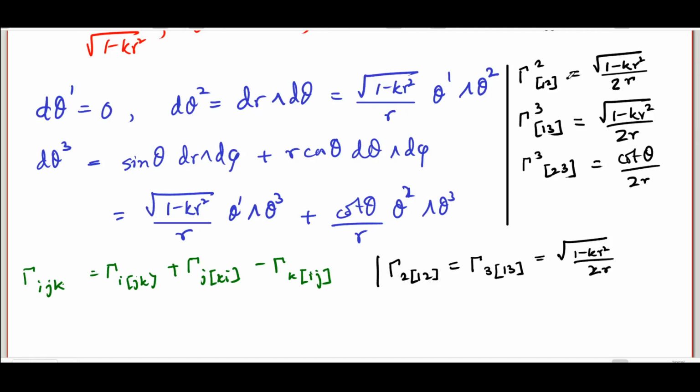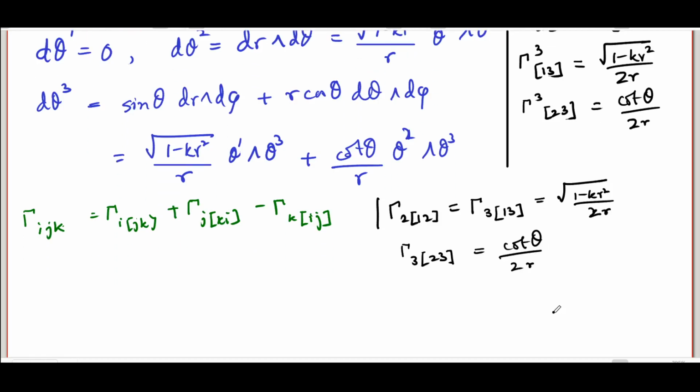It's the same as these numerically. And Γ_3[23] is cotangent theta over 2r, with, of course, the corresponding antisymmetric counterparts, Γ_2[21] and so on.